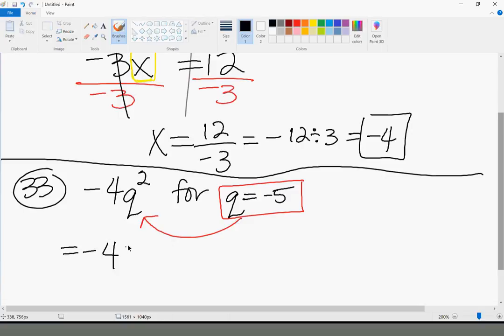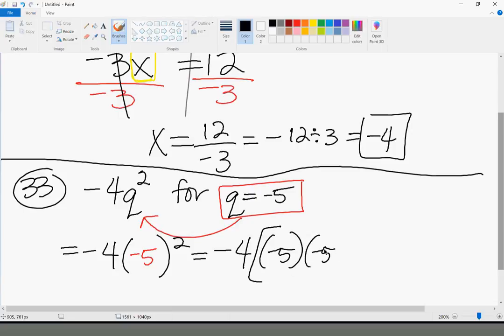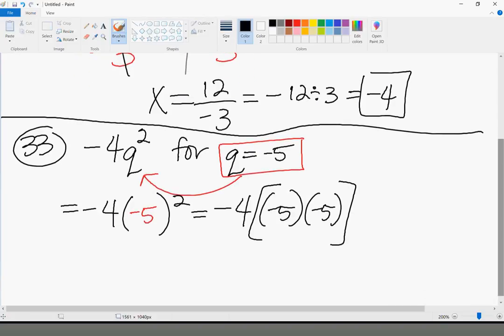So it's going to be negative 4 times negative 5 squared. So from here, we want to follow our proper order of operations. So we need to deal with the exponents first. So that's going to be negative 4 times negative 5 times negative 5. That's negative 5 squared.